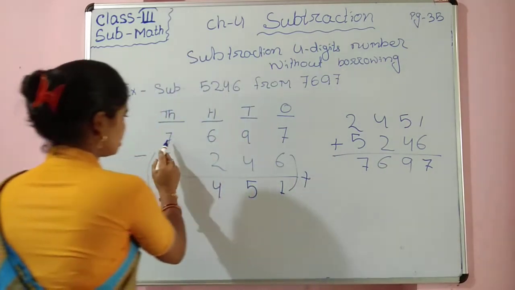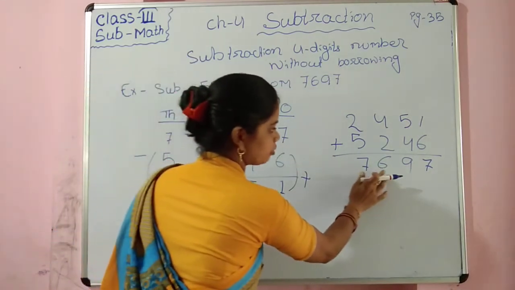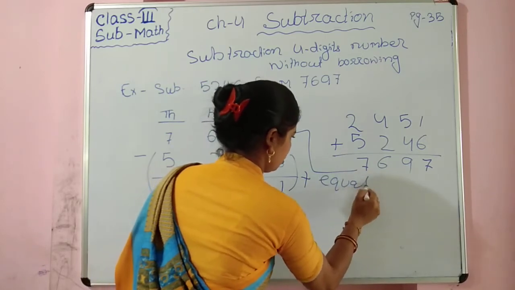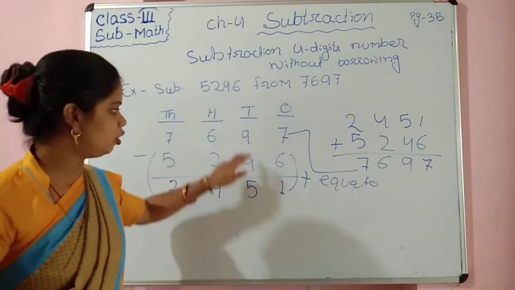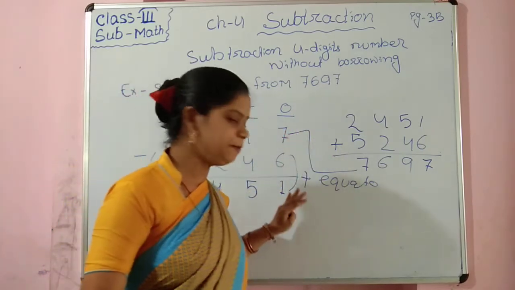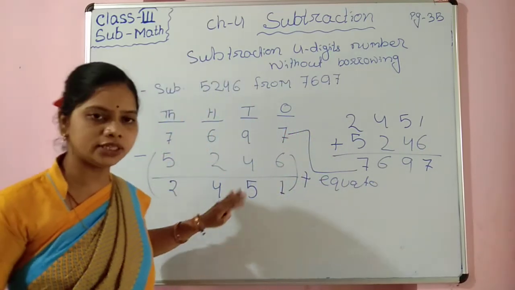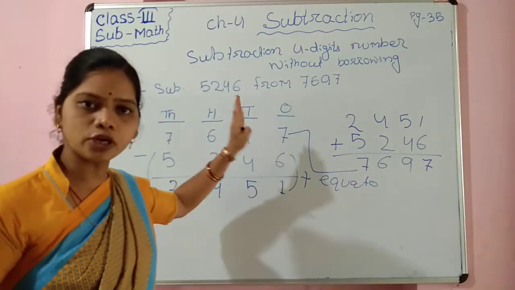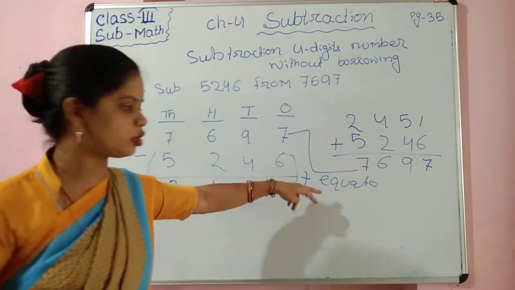Look, 7697, here 7697. This is equal to this number, so our subtraction answer is correct. This is called the checking method of subtraction.